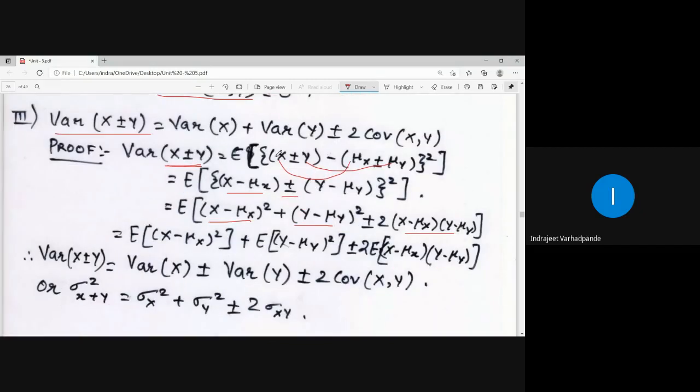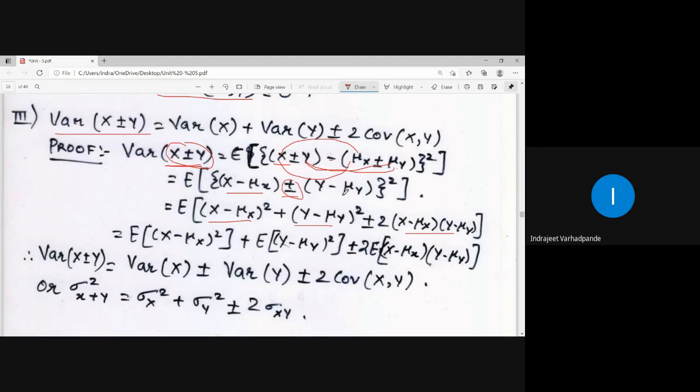Did you understand? First, the definition of variance. What is var of x plus minus y? It is expectation of x plus minus y minus expectation of x plus minus expectation of y whole square. I connected x with mu x, and I connected y with mu y. In between it will be plus minus.